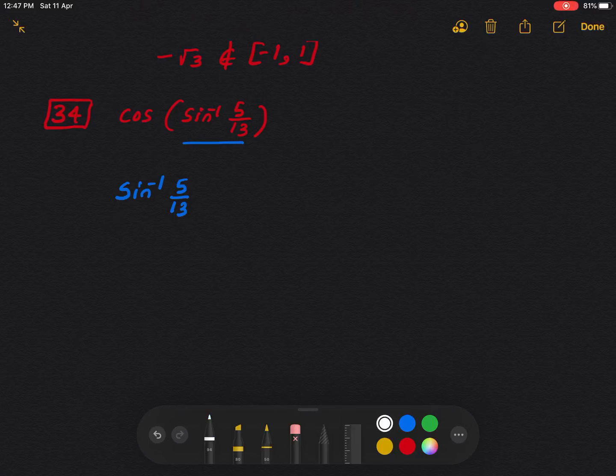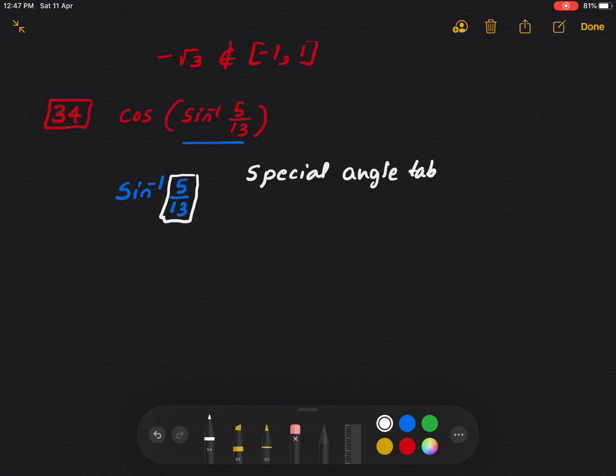Just think, do you have any value for this sine function as 5 over 13? Is there any value in the special angle table? No, there is no such value in the special angle table. So just take it as alpha.